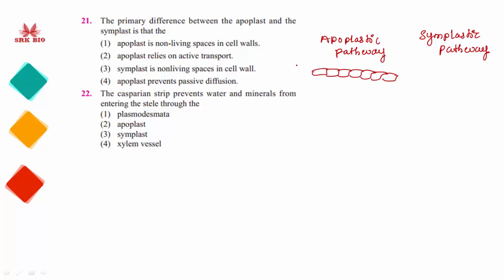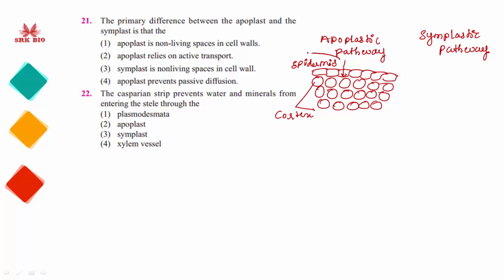So let me mark this one as epidermis, and below the epidermis in both root as well as stem we can see the presence of cortex. As explained for the previous question, the cortex is made up of loosely arranged parenchyma cells, and an important character is the presence of intercellular spaces. When any substance passes through the epidermis, it comes in contact with the cortex.